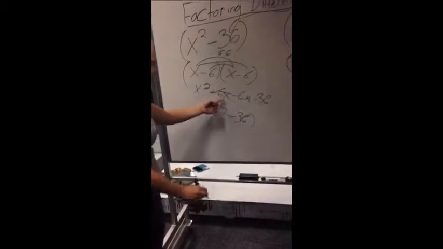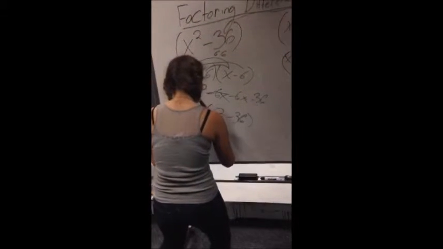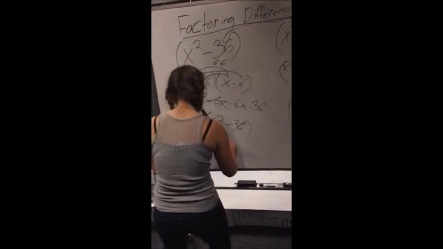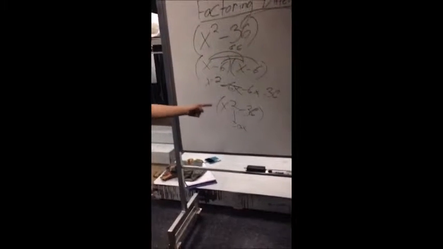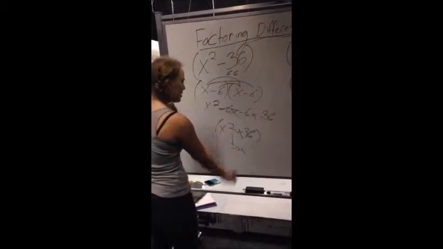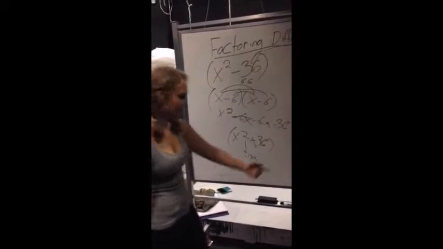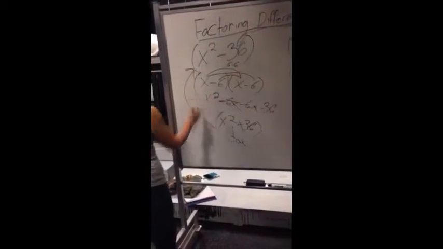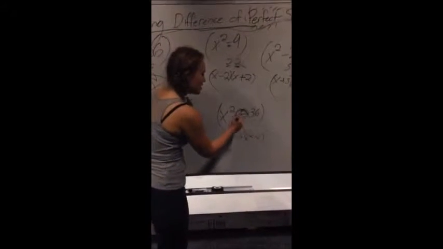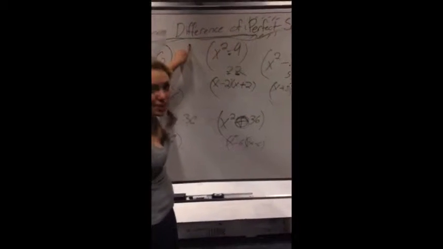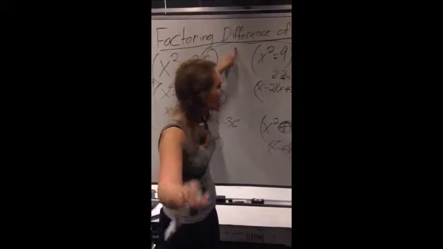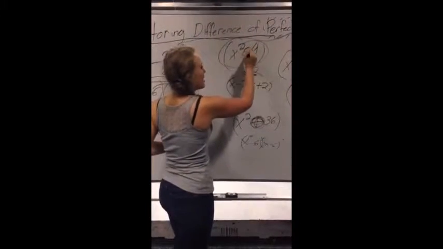And now you have negative 12x. And x squared minus 12x minus 36, actually that would be a plus 36 now, wouldn't it? Because a minus times minus is a plus, which is certainly not that. So, if you see a plus, and they tell you it is a difference of squares, it is not. Do not trip yourself up. Find the negative, and you've got a difference of perfect squares.